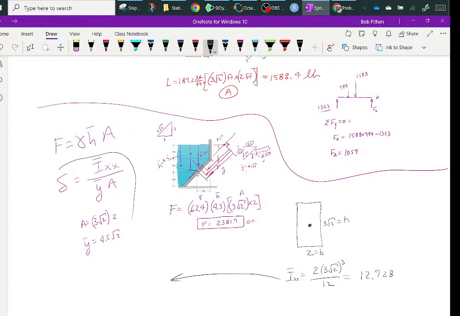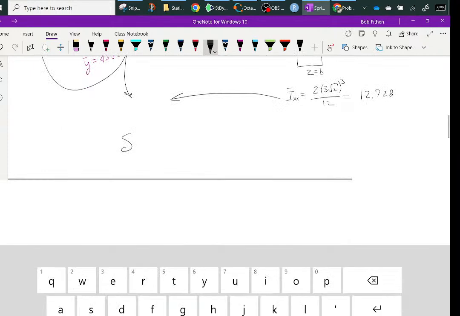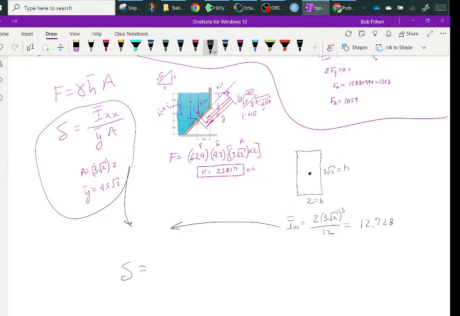Now what I'm looking to do, and I'm sorry, but I put these all different, I'm looking to combine all this together with this, and I'll come up with the delta. Delta is equal to 12.728 divided by, I didn't multiply these out, 4.5 times square root of 2 times 3 times square root of 2 times 2. Oh man, am I getting sleepy.